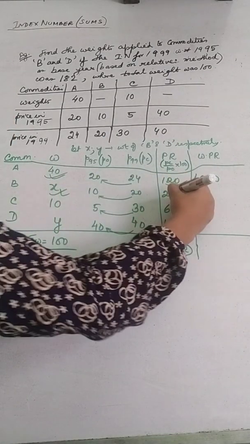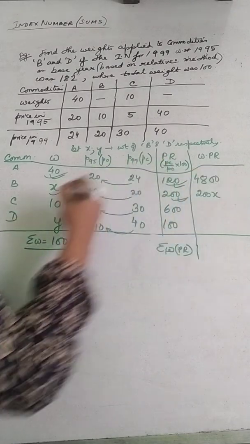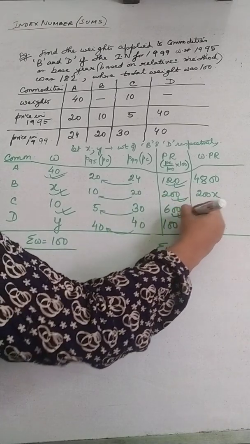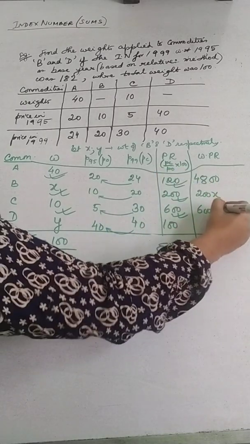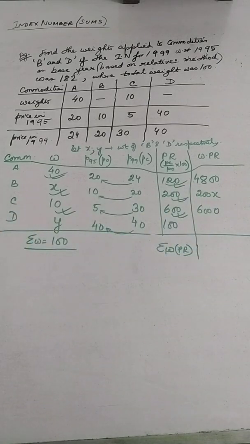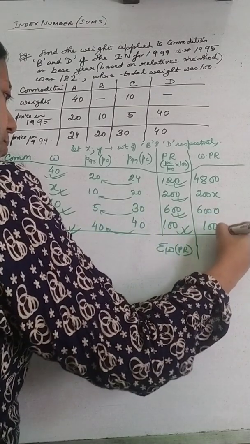Next, X into 200, that means it is simply 200x. 10 into 600, so it is 6,000. And Y into 100, that is your 100Y.